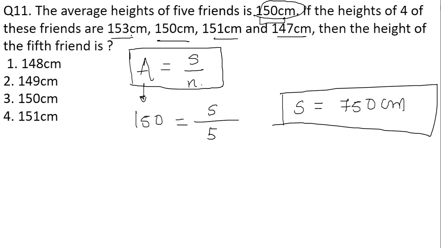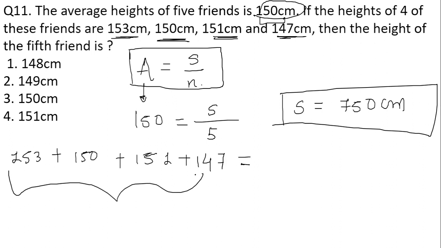But what they have given here, they have mentioned only 4 friends. We can find the 5th one. The first friend's height is 153, the second one is 150, the third one is 151, am I right? Yes, and the 4th one is 147. So the total summation of all the 4 friends' height is equal to 601 centimeter.